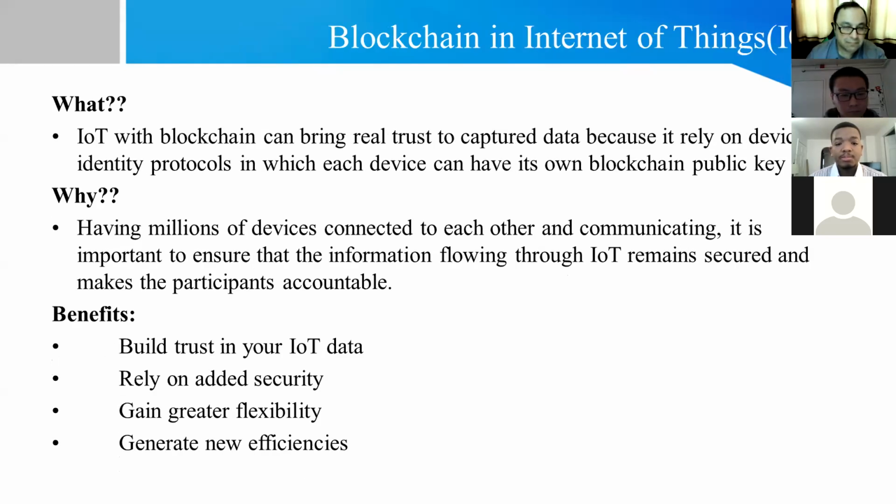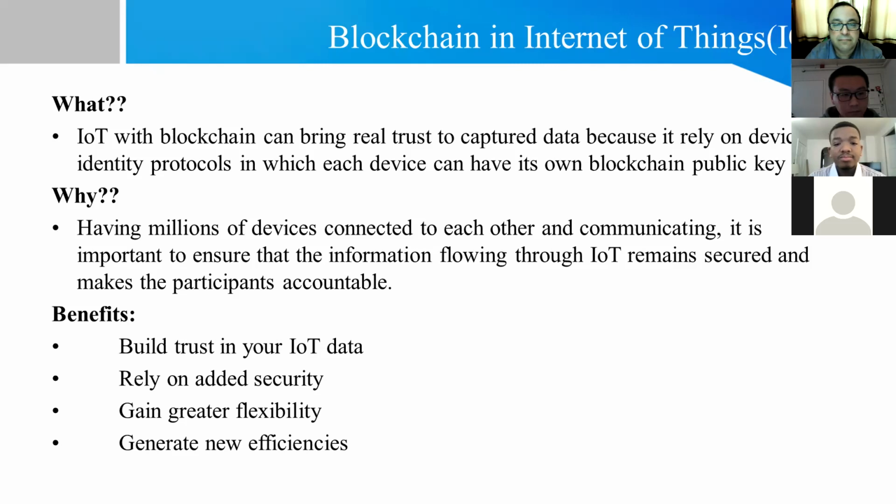Okay, so blockchain in IoT. Basically, IoT works on data. It's all about the data. And we have to make sure that the data running on the cloud is secured and not attacked by attackers. With the help of blockchain, we can bring trust in our data.